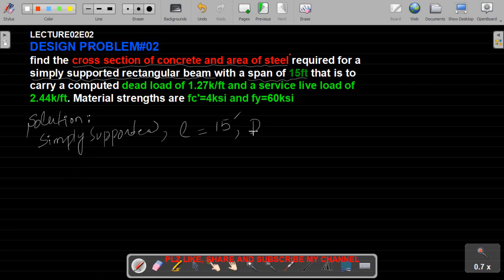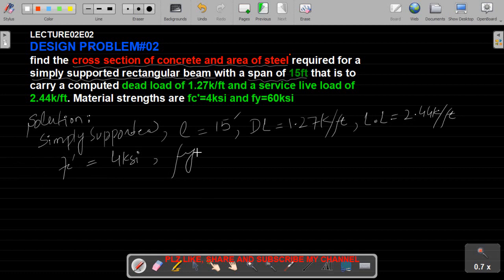The dead load is given, which is denoted by DL, as 1.27 kip per running feet, and a service live load is given as 2.44 kip per running feet. Material strengths are f'c equals 4 ksi and steel grade is 60 ksi. So this is all about the data, right?